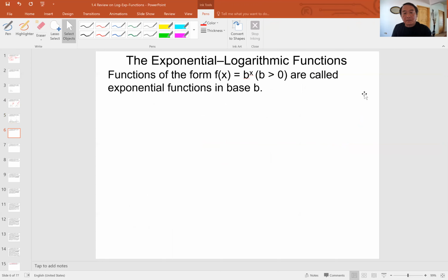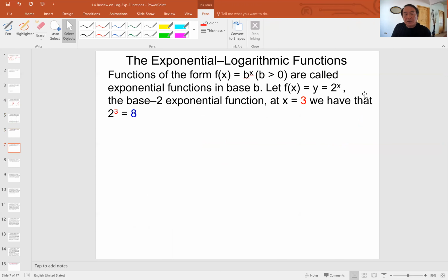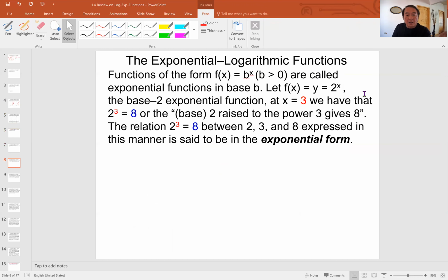When we have an exponential formula, basically we are going forward. We're saying that in this case, 2 raised to the power 3, the outcome is 8. This is the declaration of this sentence.